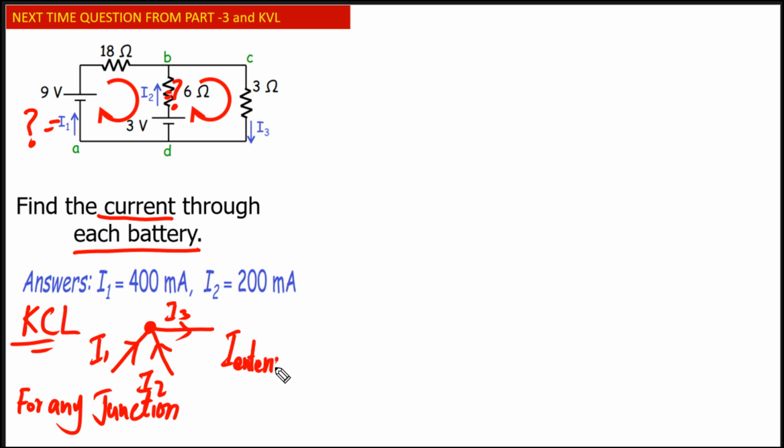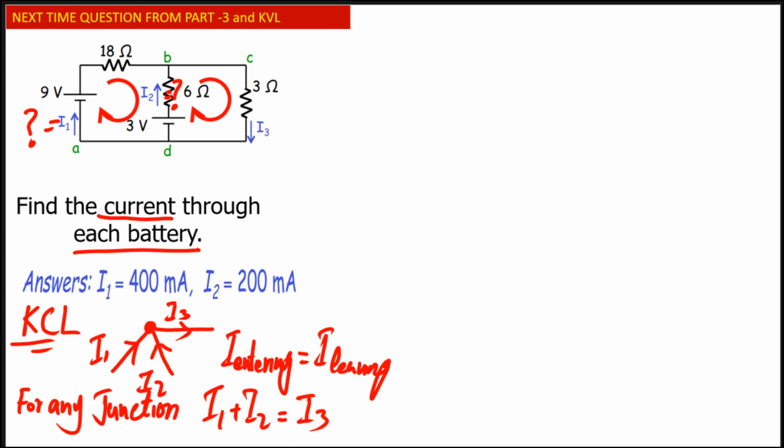Means I entering into the junction has to be equal to I leaving. In this case you can see I1 is entering and I2 is entering. We can simply say I1 plus I2 is equal to I3. So this is KCL in a nutshell.